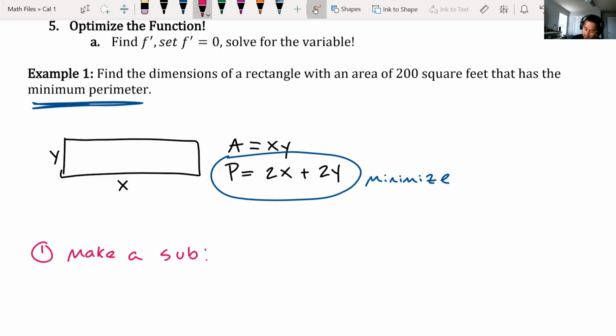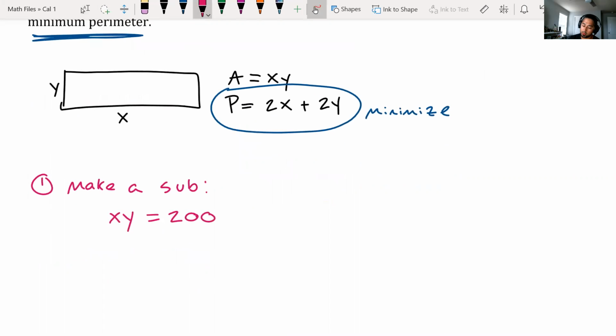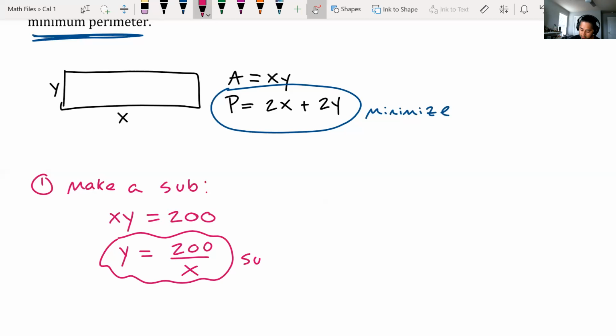So we get that x times y equals 200. Okay. And now to replace this y in the perimeter formula, we just have to rearrange this one and solve it for y. You'll get y equals 200 over x. And here's our sub. So now we're going to plug this in for the y value in the perimeter formula.